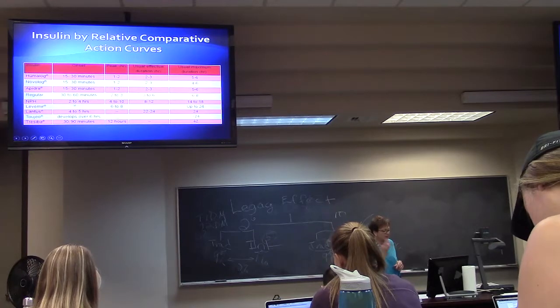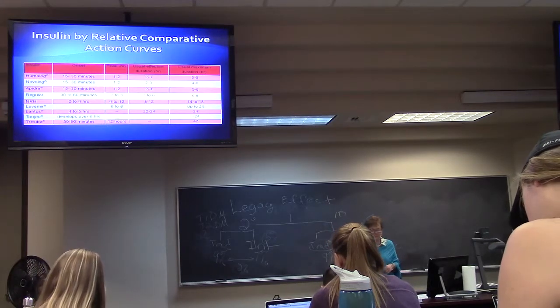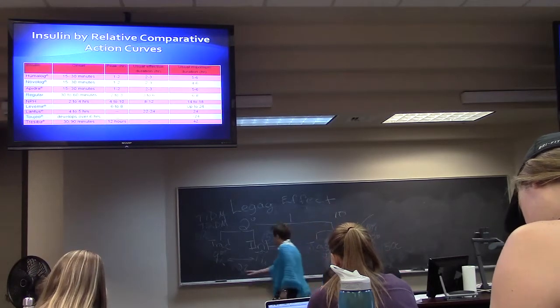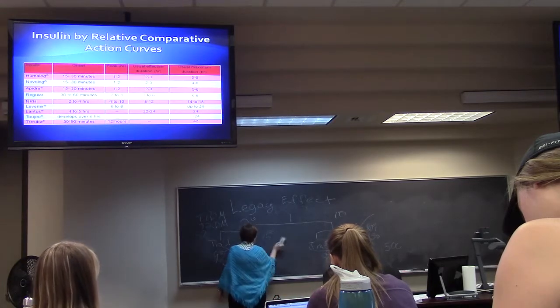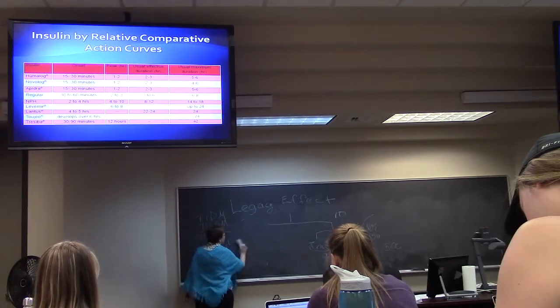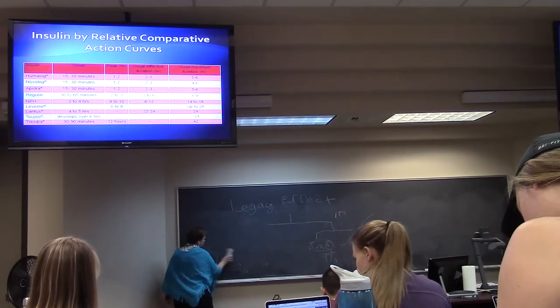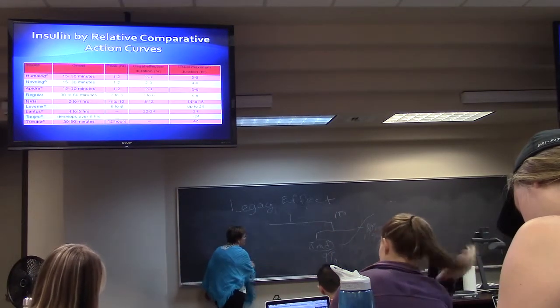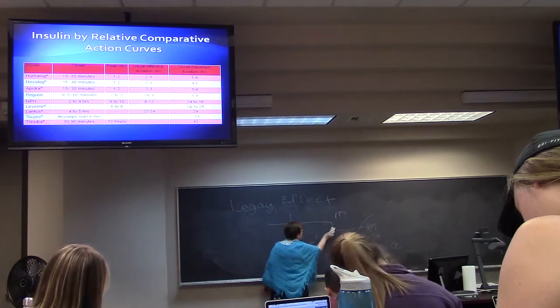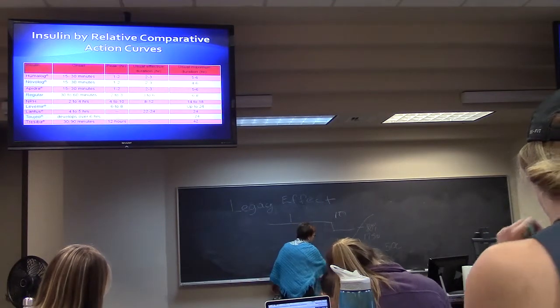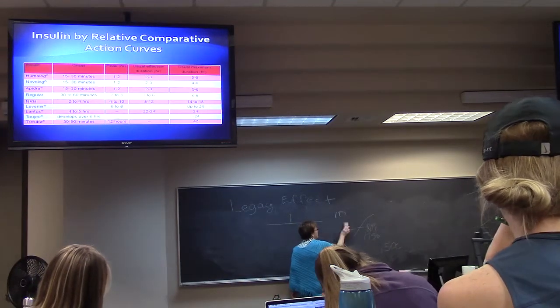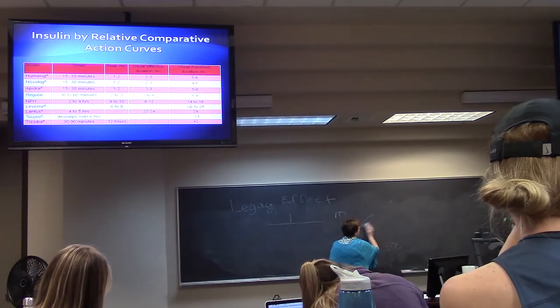NPH, its onset's a little bit delayed. NPH is an interesting insulin. Its kinetics, there's lots to take advantage of with it. It's an older drug. It got supplanted by the Levemir and Lantus, but it's becoming more popular again because it's cheaper.